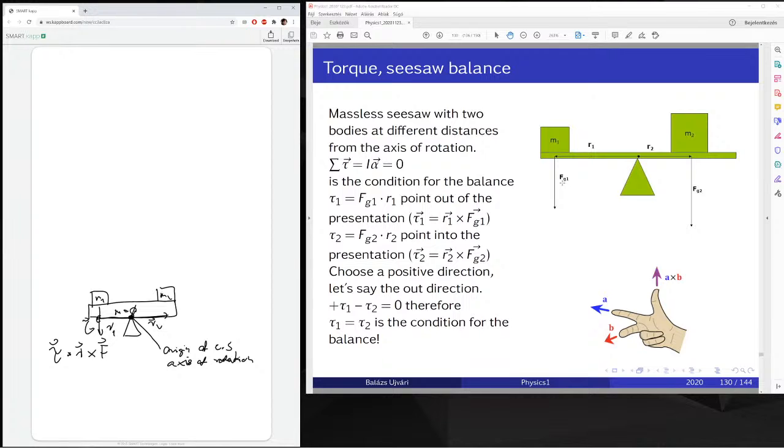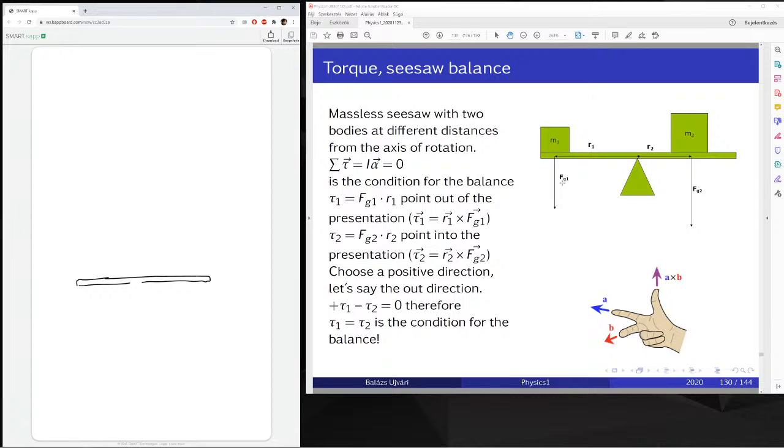I draw it again because I need more space. Mass 1, weight 1, R1. What is the direction of torque 1, which is R1 cross G1?